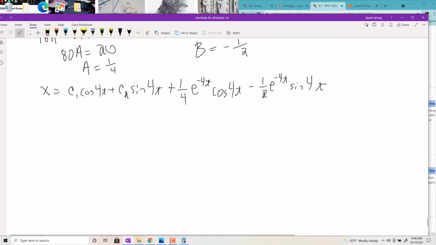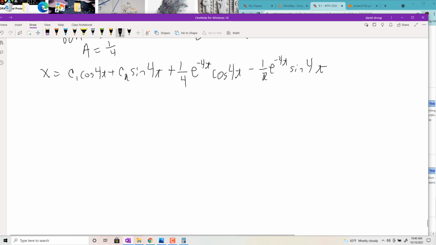So x of 0 and x prime of 0 is 0. I'm going to need to get the derivative of this thing. And again, that will be a nasty little critter with 6 terms in it.